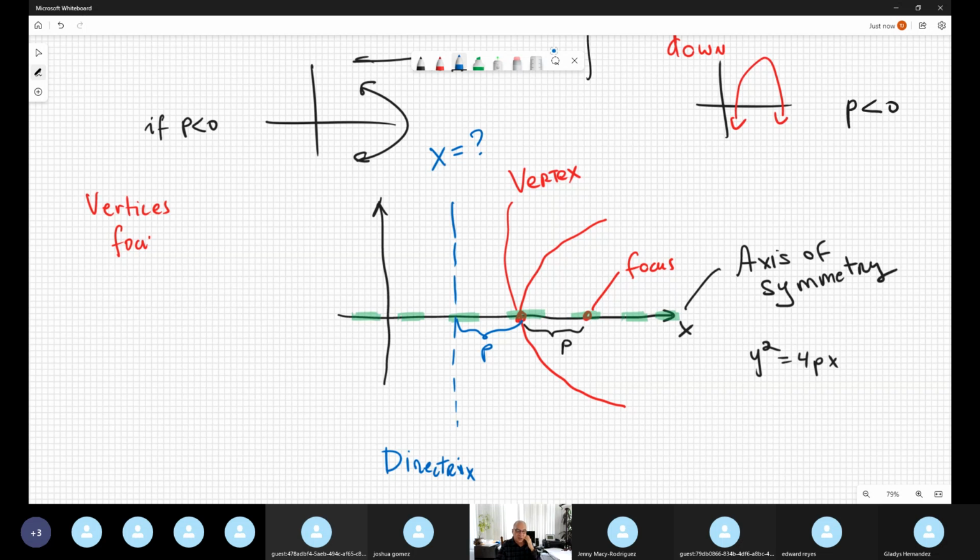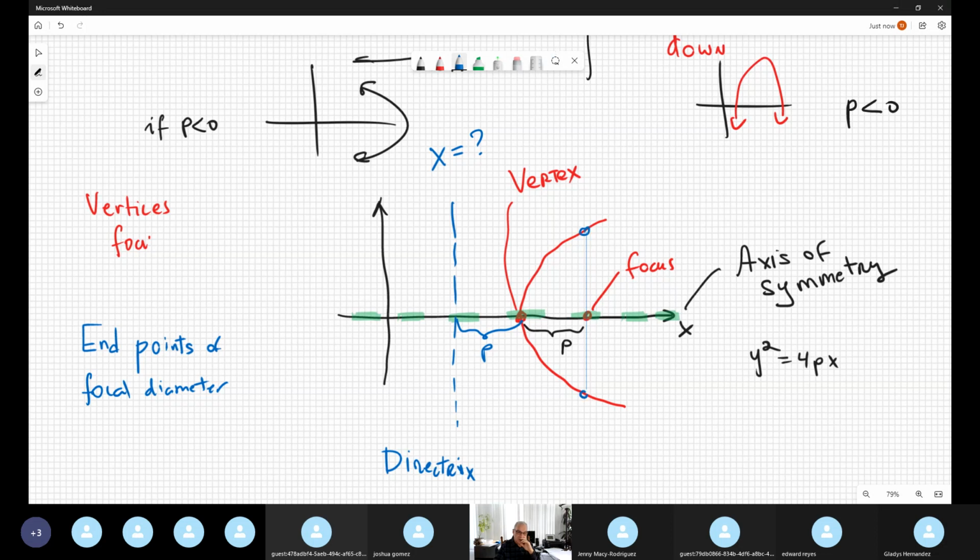Now, in order to complete the picture of the parabola, you need to find 2 more points, called the endpoints of the focal diameter. What is the idea behind the focal diameter? The focal diameter is the segment passing through the focus and parallel to the directrix, and you have 2 points here.